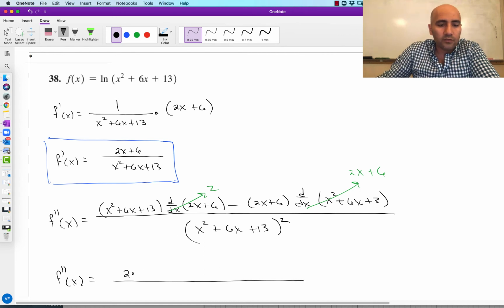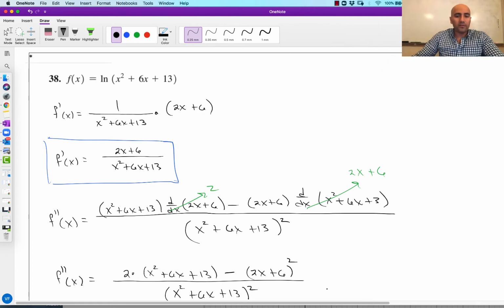We'll have 2 times this x squared plus 6x plus 13 minus, and then this one times that one, it's just going to be 2x plus 6 parentheses squared, all over this denominator squared. So it's x squared plus 6x plus 13 squared.